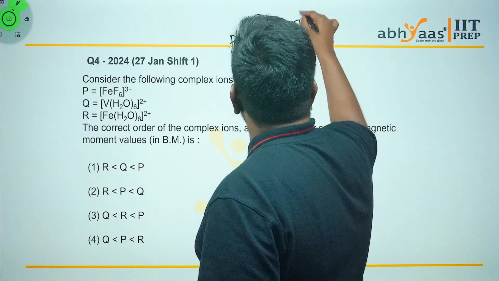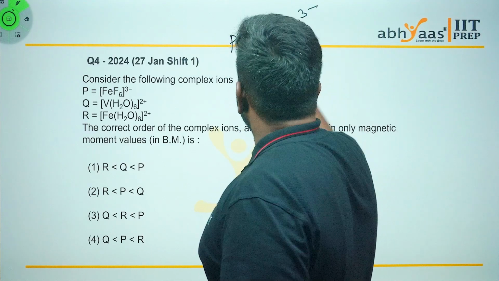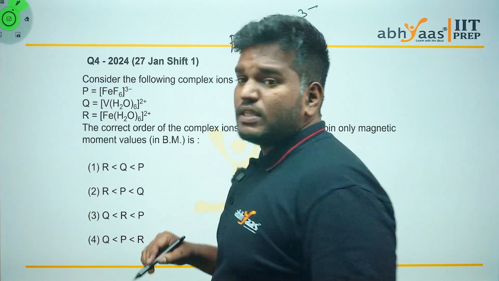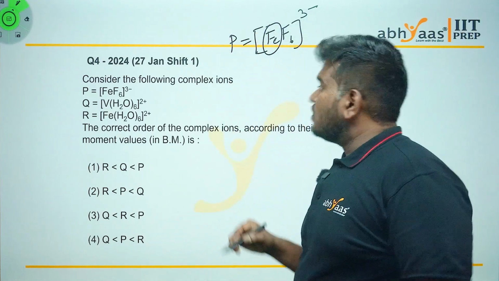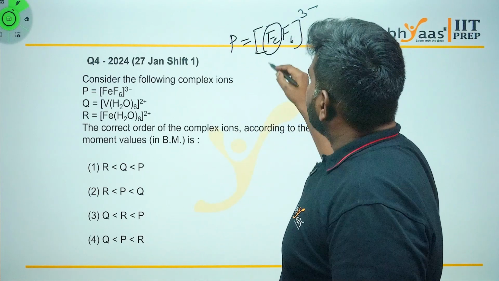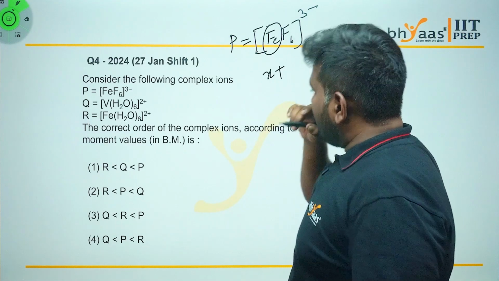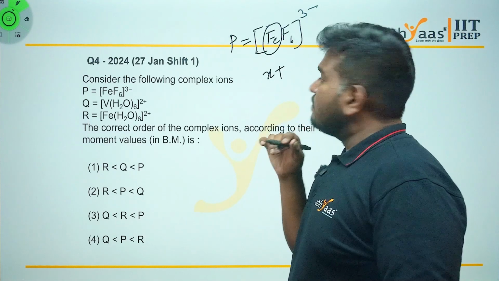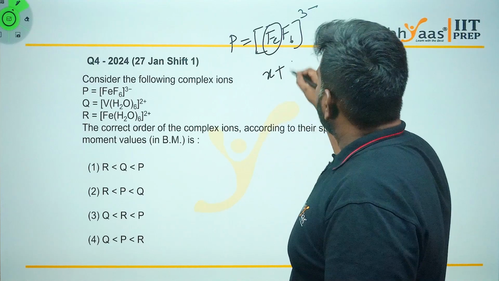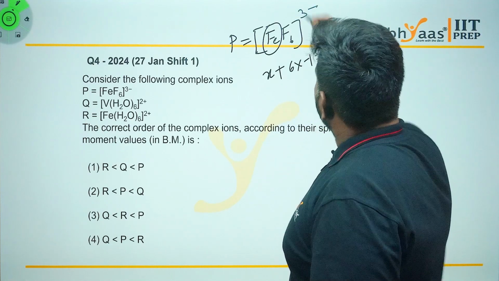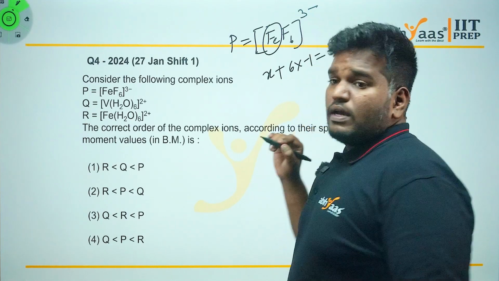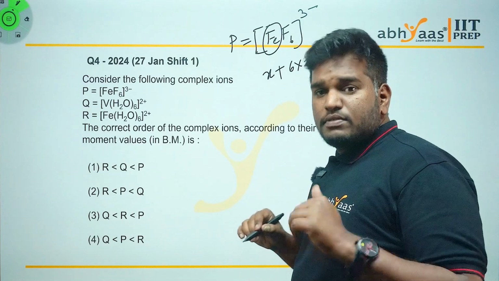FeF6 3 minus, you have to see what is the oxidation state of the central atom. So here Fe we will put as X, and you know that fluorine will be having a -1 charge. So 6 into -1, and the overall charge is -3. You know how to find the oxidation state, right?